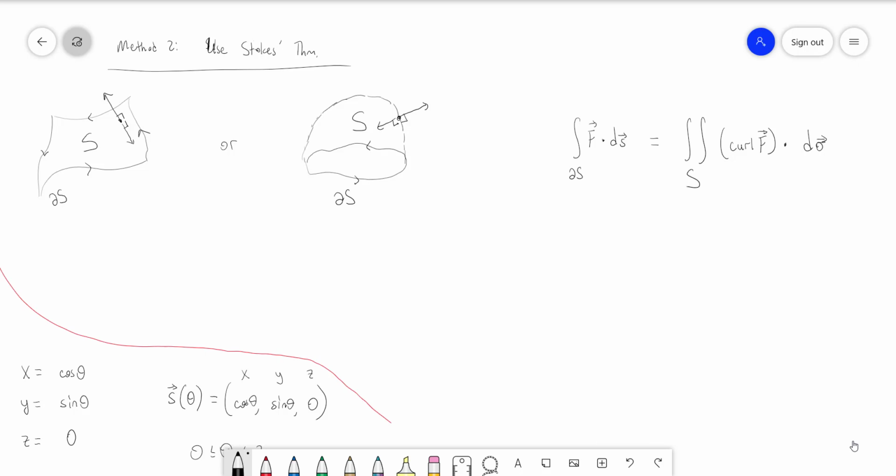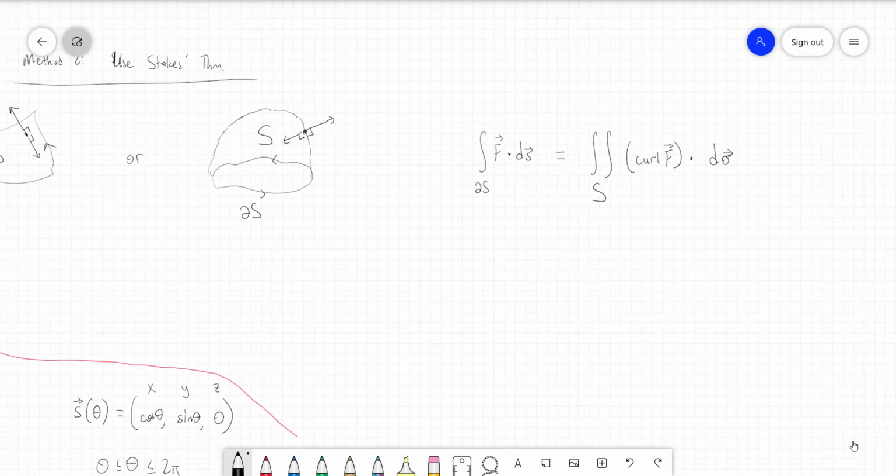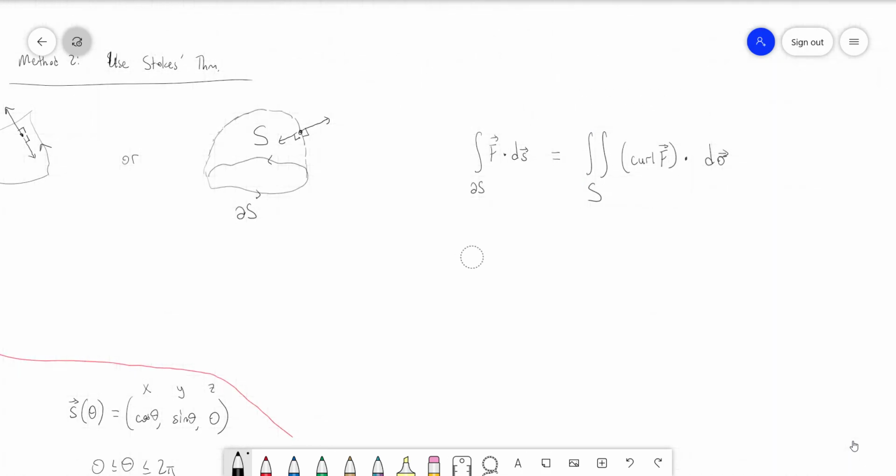Okay, so for Stokes' theorem, you have to make sure that you choose the orientation of your boundary curve and your surface in such a way that they are compatible, okay? I'm just going to use the word compatible very loosely here.